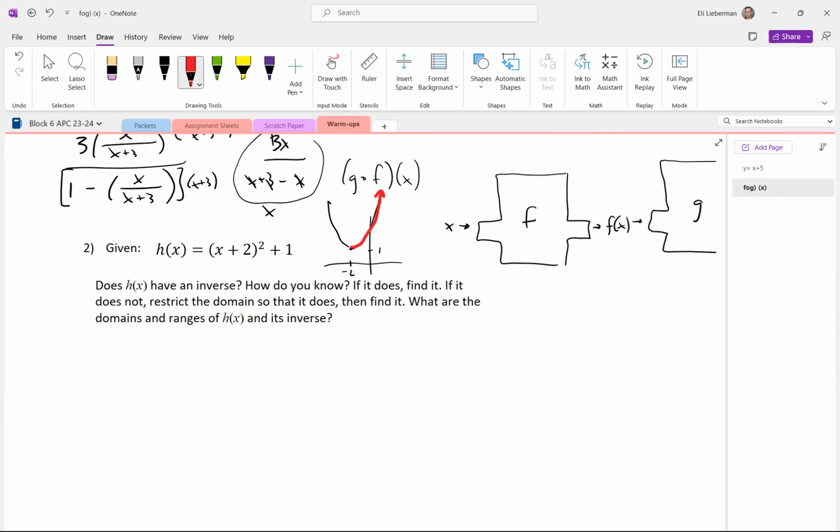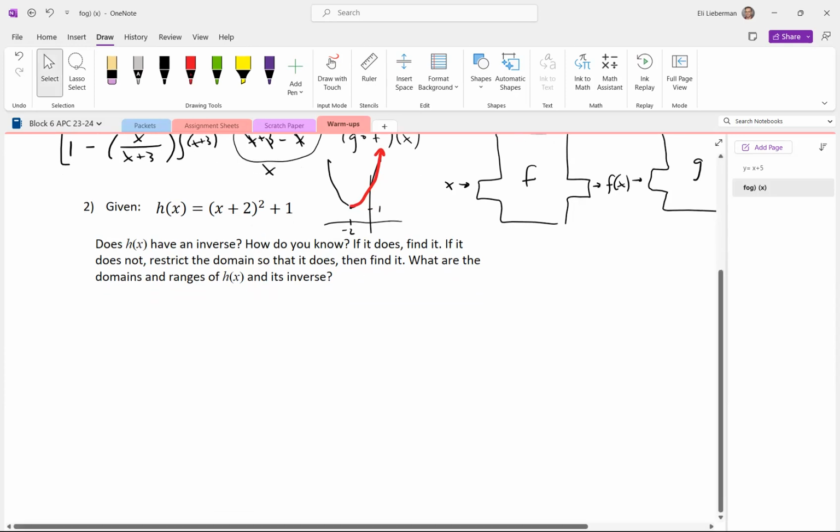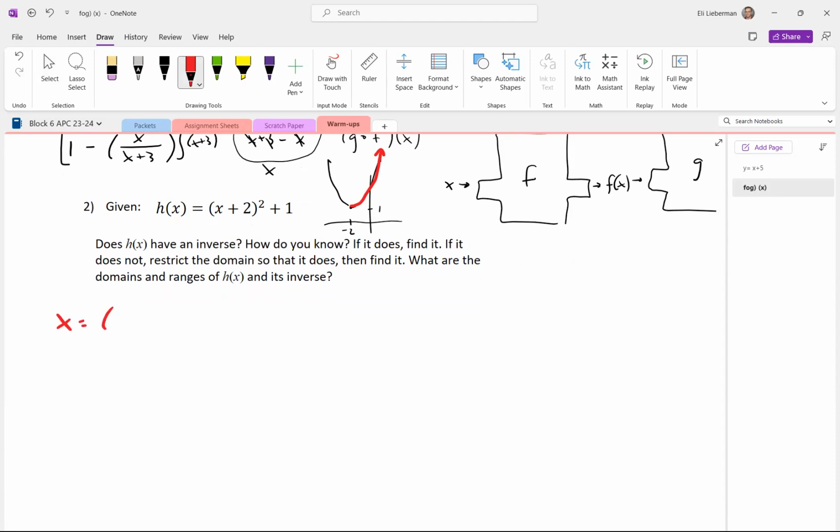Okay, so from here, what do I do? I find the inverse. So I'm going to start by saying x equals y plus 2 squared plus 1. Are we good with that?